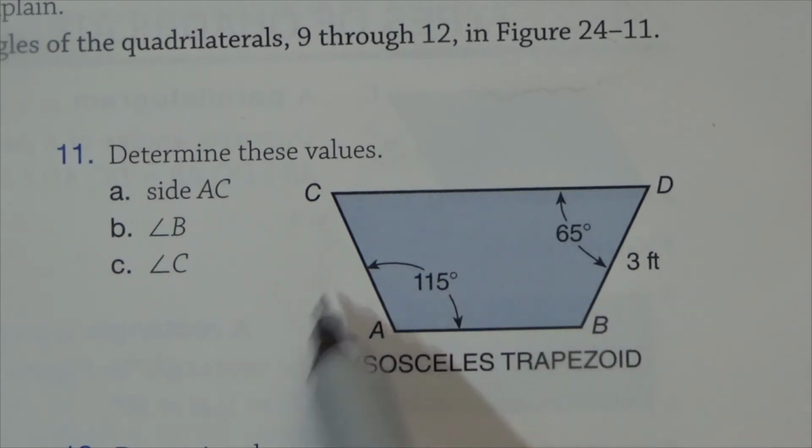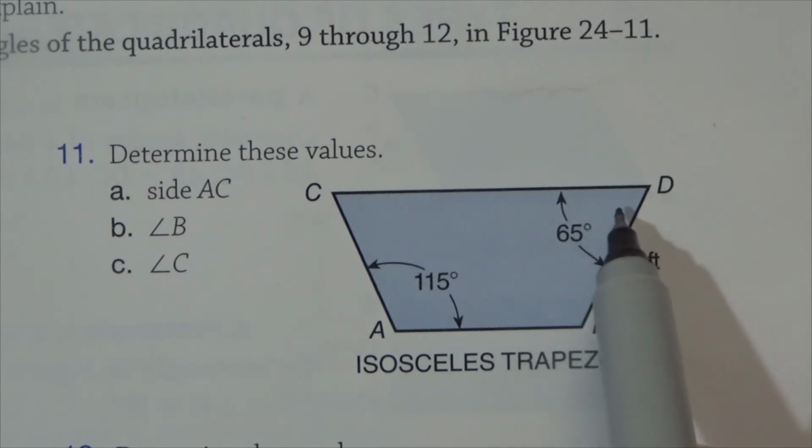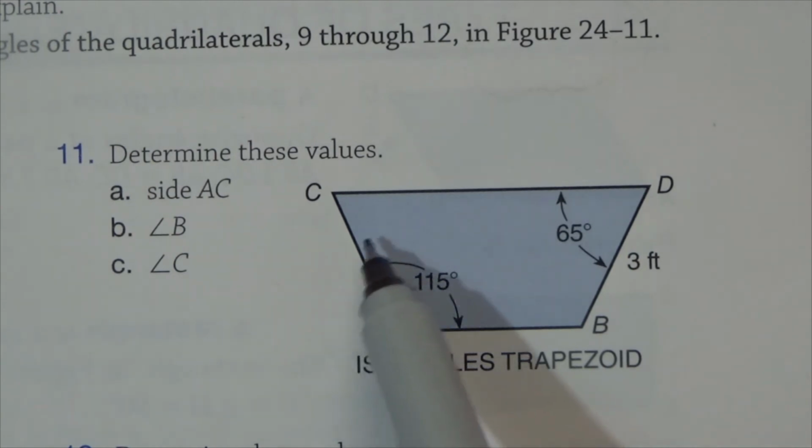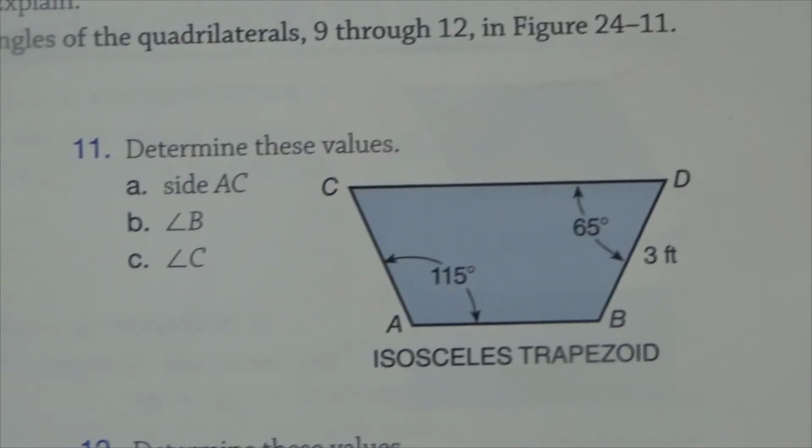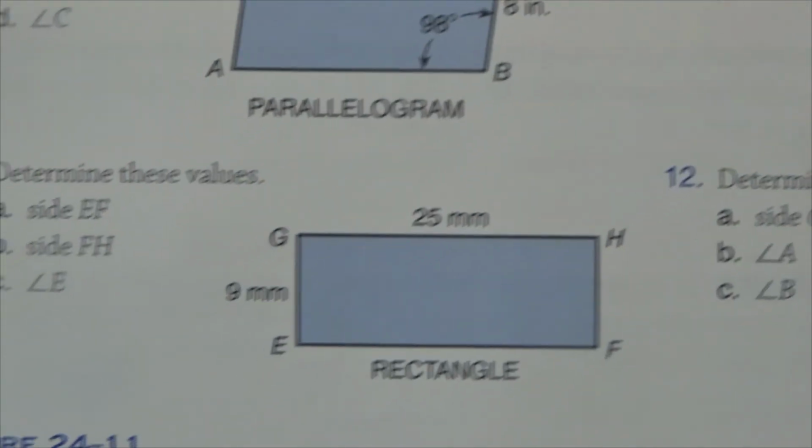If this one's 3 feet, that one's 3 feet. Okay? Now, another thing about the isosceles is that this angle and this angle are the same. So angle C is 65. So that would make angle A and angle B the same. So angle B is 115.